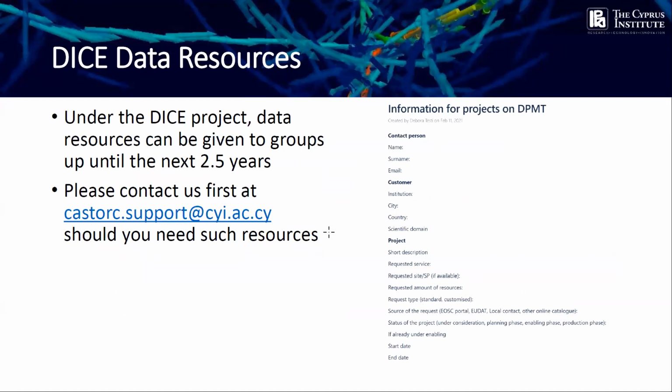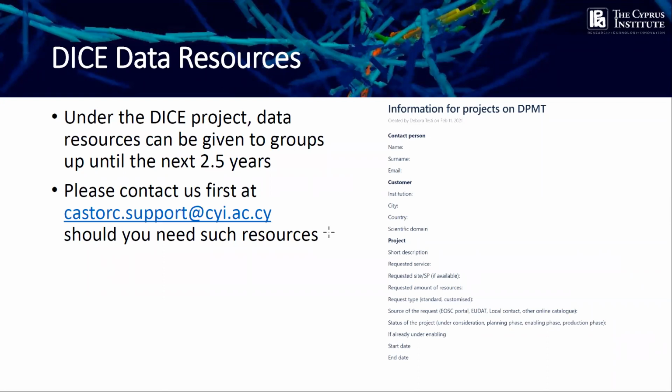Another type of resources that people can apply for are data resources, so storage resources. This is through the DICE project, which is a European Open Science Cloud project. Through this project, people can apply to get access to some terabytes of data for the next, let's say, 2.5 years.